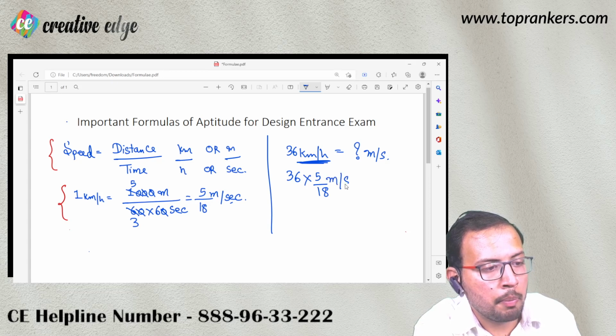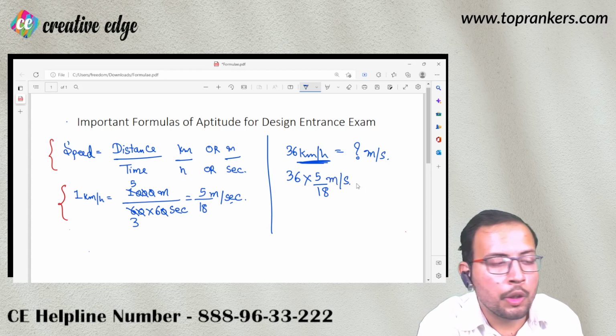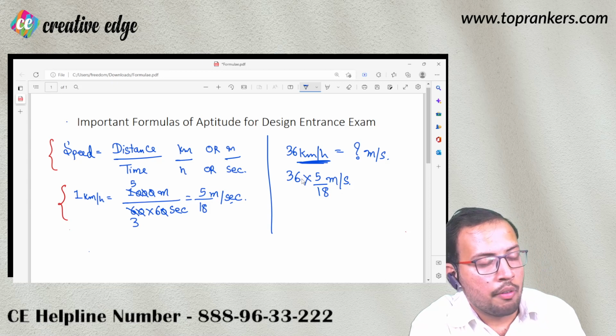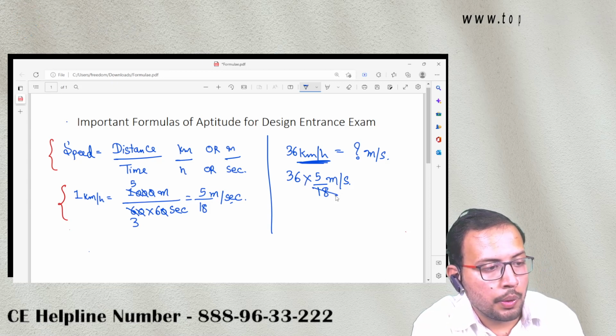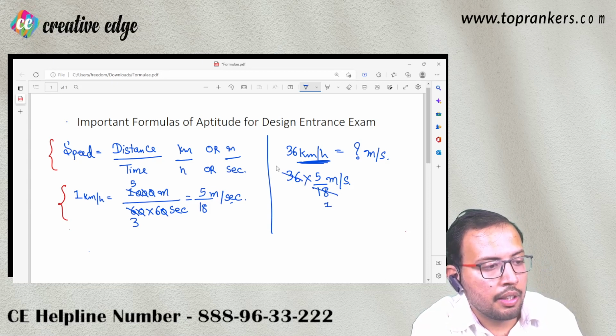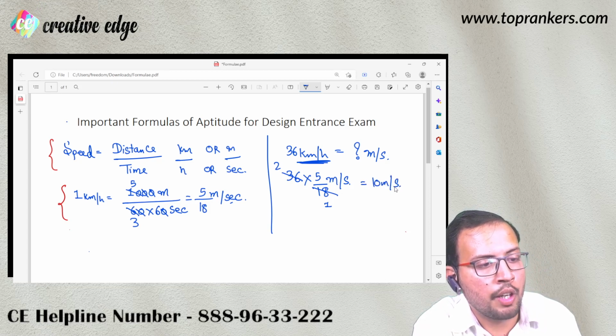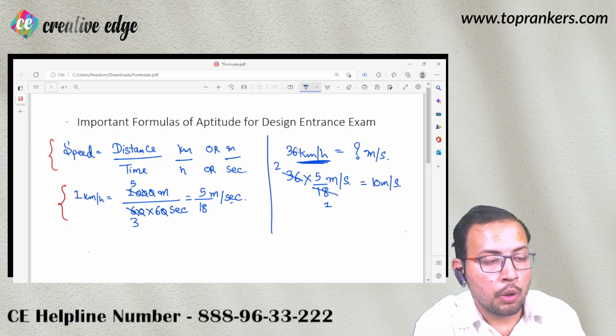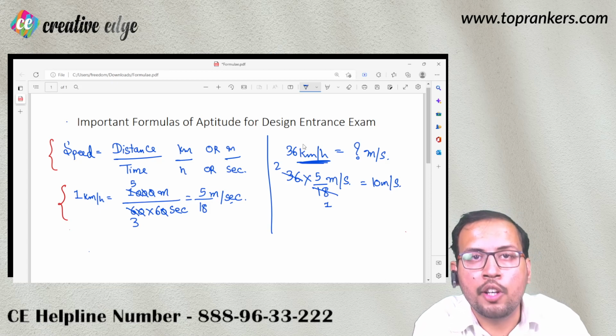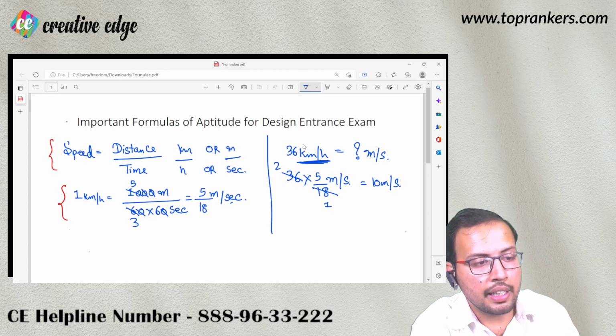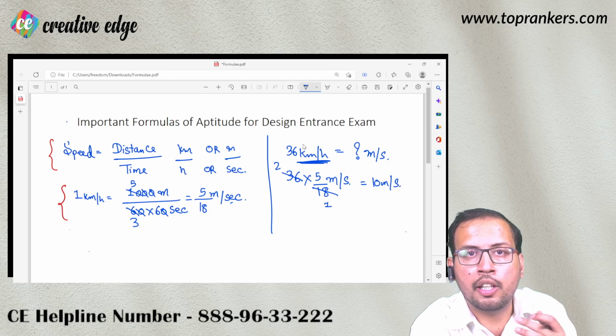Our calculation is going to look like this: 18 ones are 18, 18 twos are 36, so 2 into 5 is 10 meter per second. So when you say you are traveling 36 kilometer in 1 hour, it is equivalent to saying you are traveling 10 meter in 1 second.